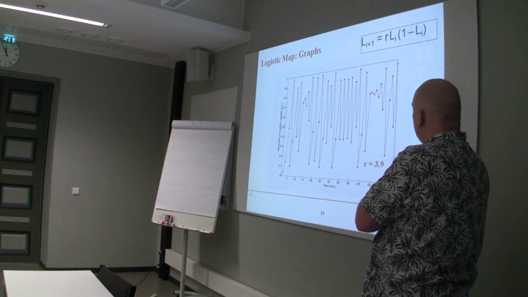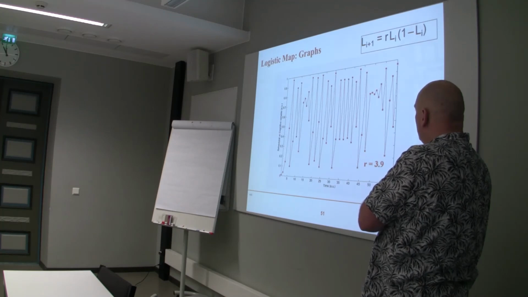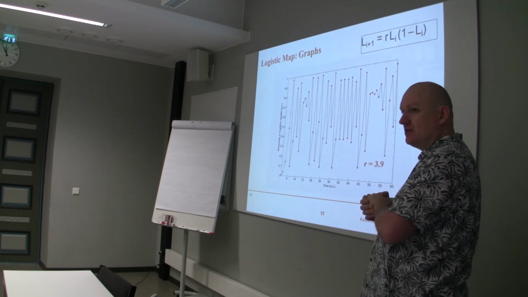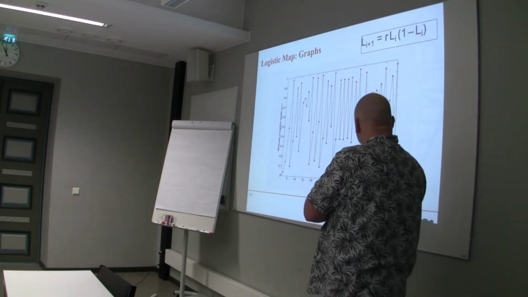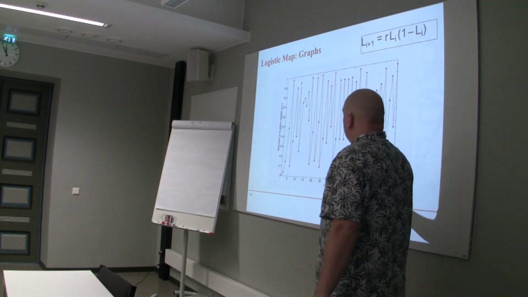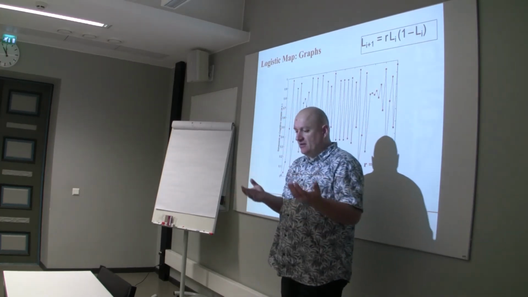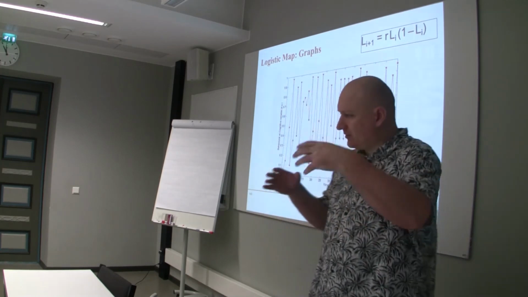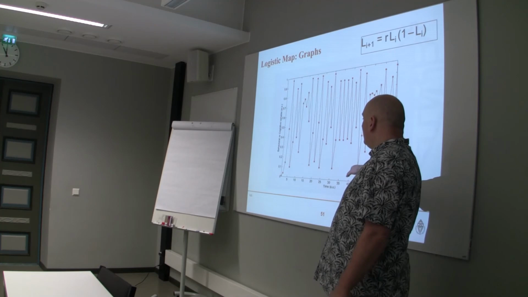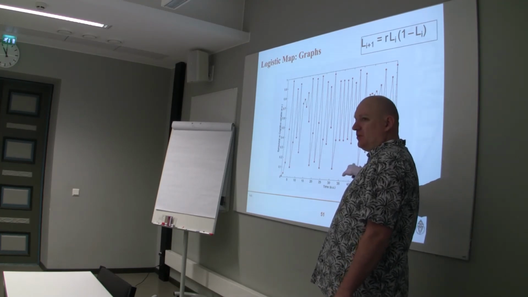At 3.9, we see something like this. And this is actually a very special behavior, because this is what is called deterministic chaos. What is happening? At some value of R, the system will not end up in a neat oscillating attractor that has very discrete values. But in fact, we know that none of the values in this sequence will be repeated.